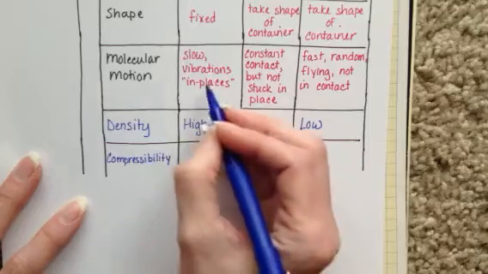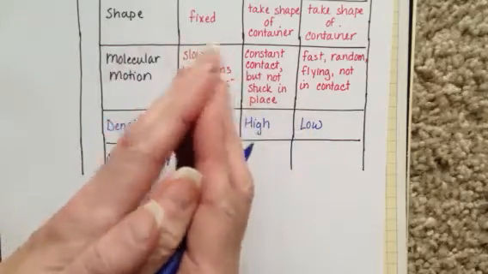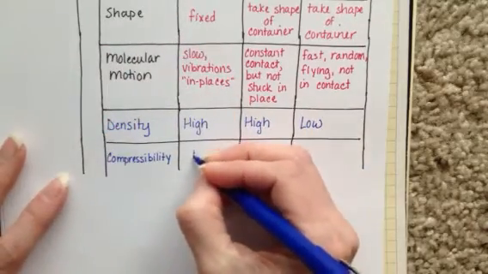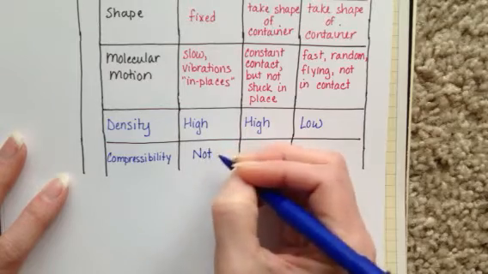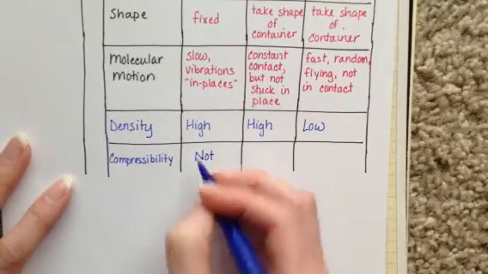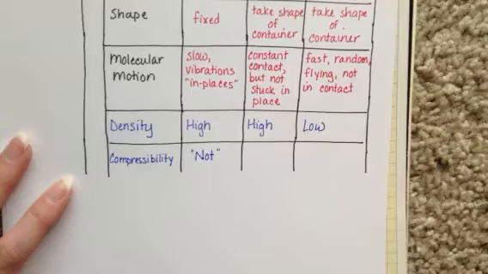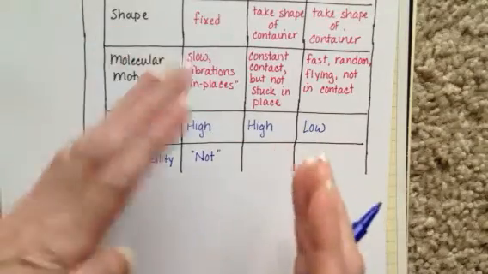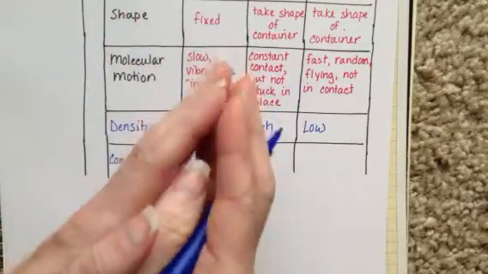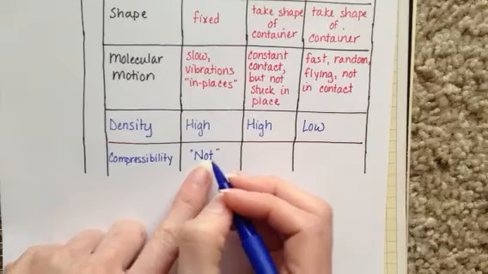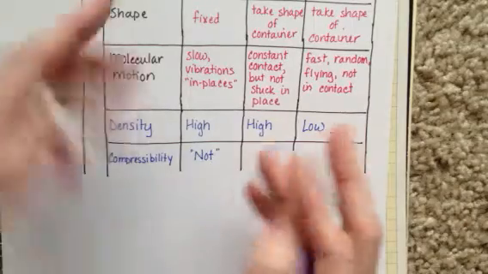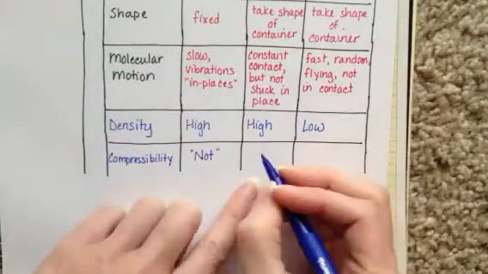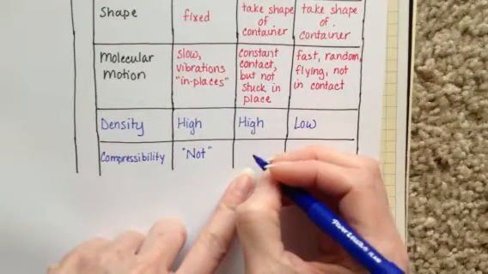And because everything is already packed close and tight together in a solid, we'll say that a solid is not compressible. That's not totally true. Again, for the engineers, you can smash them a little bit or expand them a little bit. But for the most part, all the atoms in a solid are as close together as they're ever going to be, and you can't smash them any closer together than they already are.